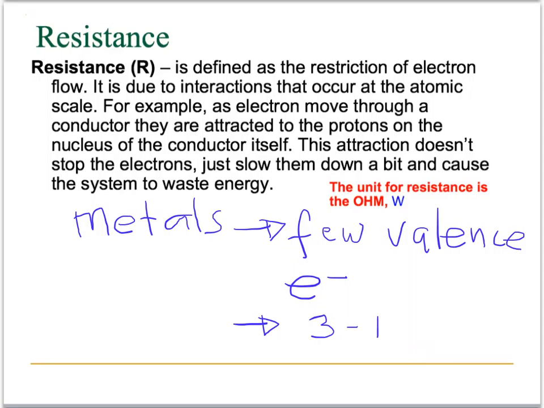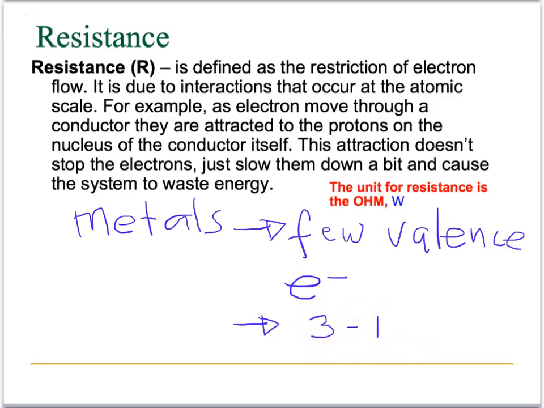So the flowing of electrons could easily be facilitated by introducing even a very small potential difference or voltage. Each metal, based on its position in the periodic table, has a different number of valence electrons.